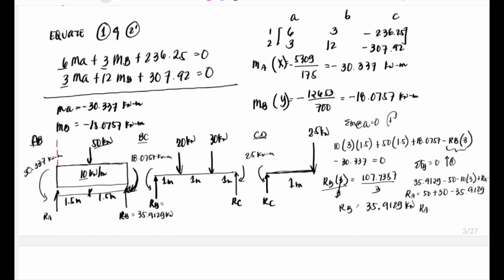So, therefore, our RA here would be 44.0871 kilonewton. So, pwede nyo ilagay dito 44.0871 kilonewton. So, yan.